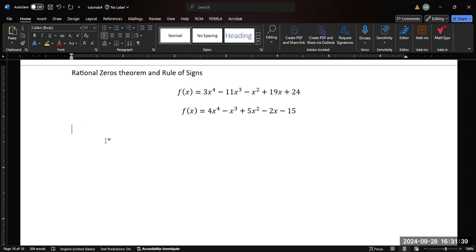And then the rule of signs will help us determine maybe whether we should start with the positive numbers or start with the negative numbers, in terms of whether we have potentially more or fewer positive zeros or negative zeros, just to help us narrow down our list of values that we're going to need to check.